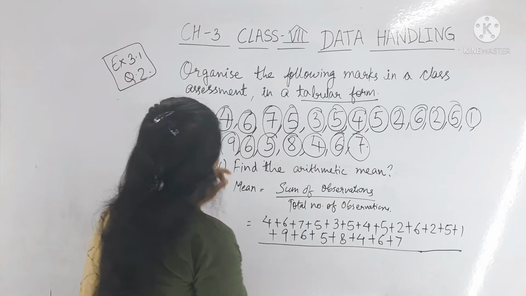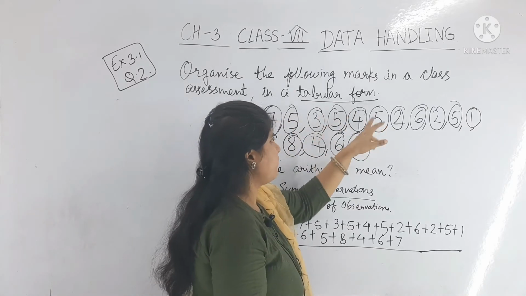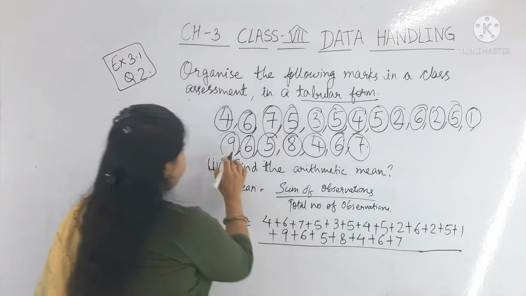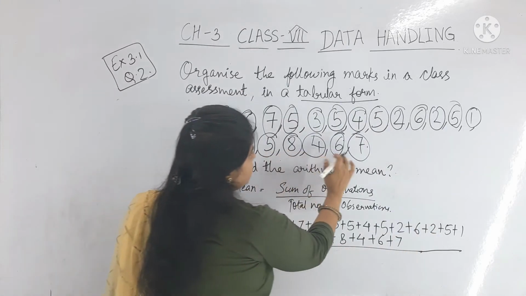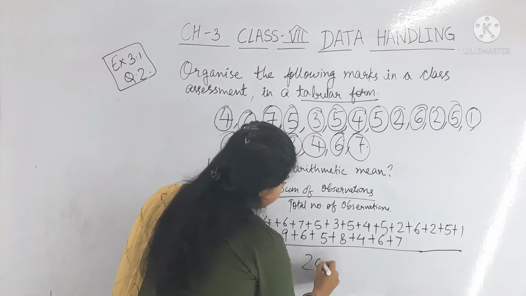How many observations? 1, 2, 3, 4, 5, 6, 7, 8, 9, 10, 11, 12, 13, 14, 15, 16, 17, 18, 19, 20. The total number of observations is 20, so you write 20 here.